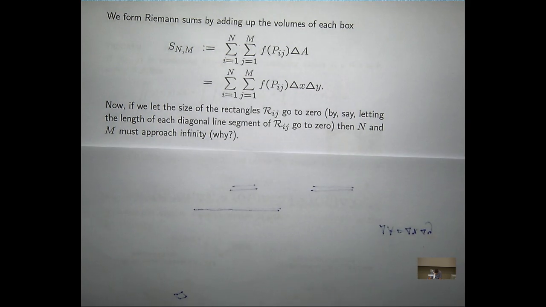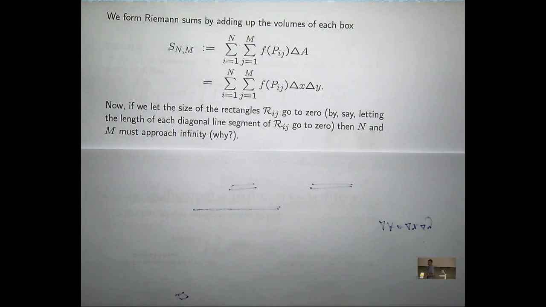Now, this is a Riemann sum. But remember I said that integrals are limits of fancy sums, limits of Riemann sums. So what we're going to do is make the edges of each rectangle go to 0.